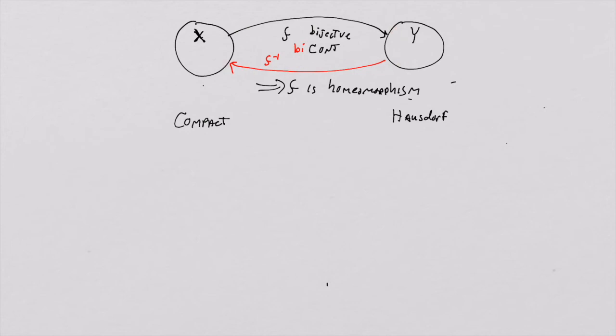So all that's left to show is that given the compactness and the Hausdorff property, F inverse will be continuous as well. So how are we going to show that? We're going to use a bunch of other topological theorems that I'll state but probably won't prove, but it gives you a feel for how this is going to work.